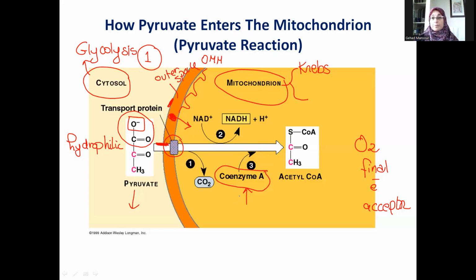Not only this, but it will activate pyruvic acid in order to start the reactions of the Krebs cycle. By the way, the reactions of the Krebs cycle occur here in the matrix, and they will be followed by the electron transfer chain.